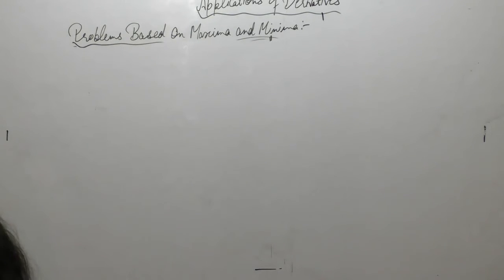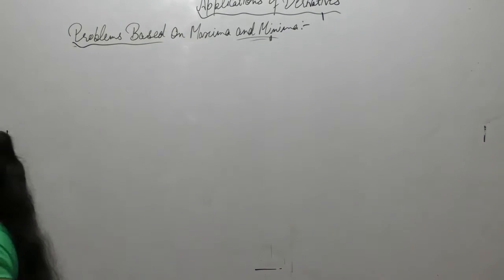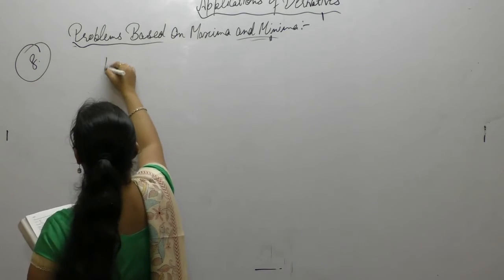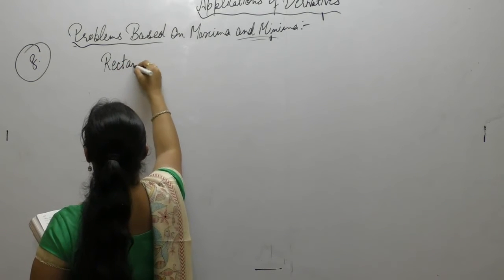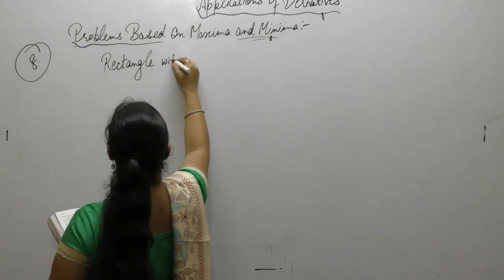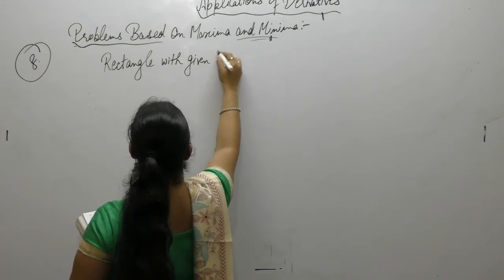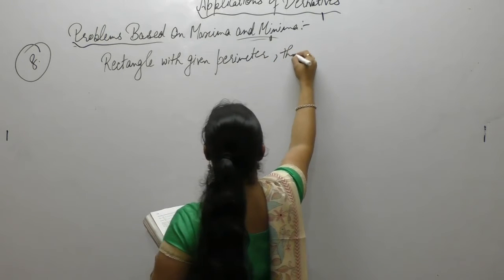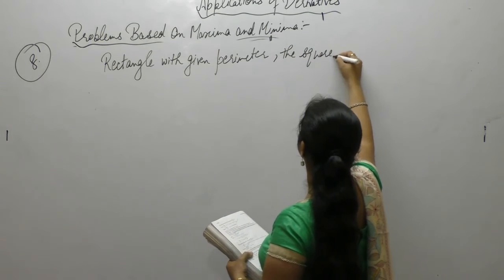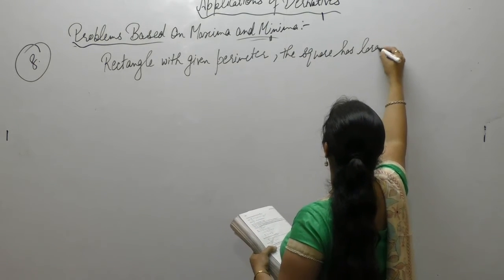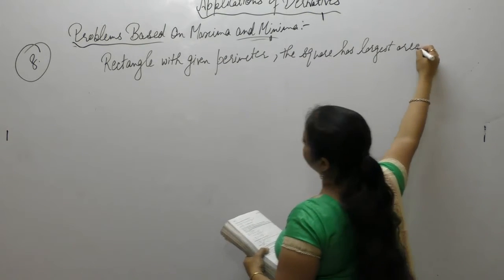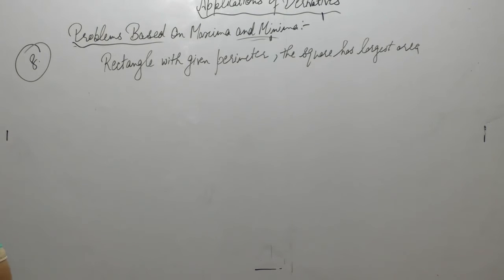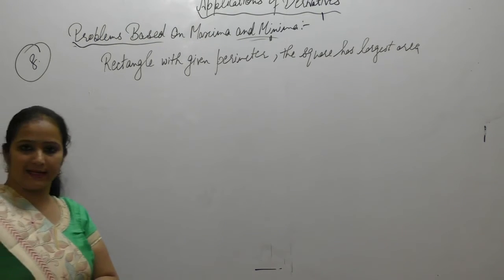Now the next one, show that of all rectangles with given perimeter, the square has the largest area. We have a rectangle with a given perimeter. We have to show that the square has the largest area.